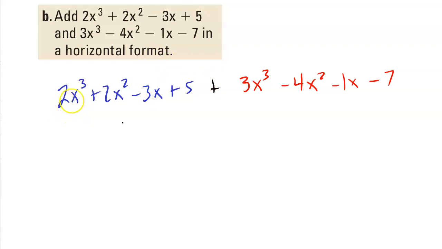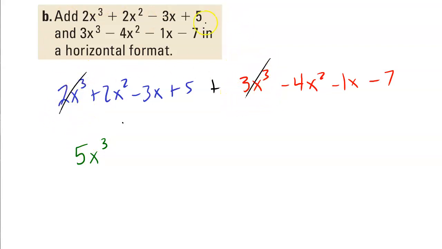So I would really just look horizontally and pick out the like terms. I would say, okay, well, we have two terms with x cubed here. Those are like terms, and therefore we can add those together to make a 5x cubed. We're going to add the coefficients together. And then we already took care of those, right?